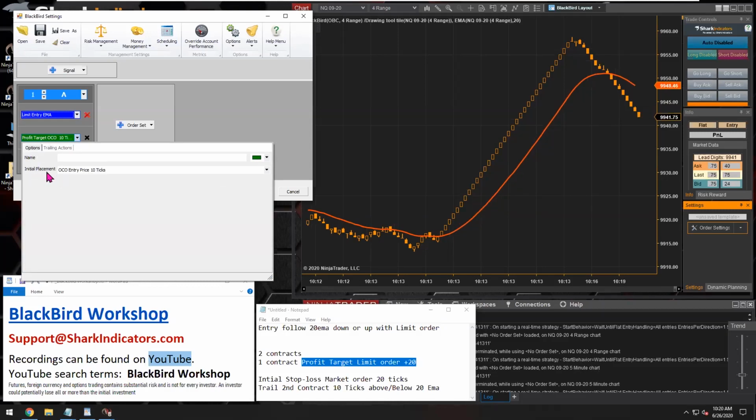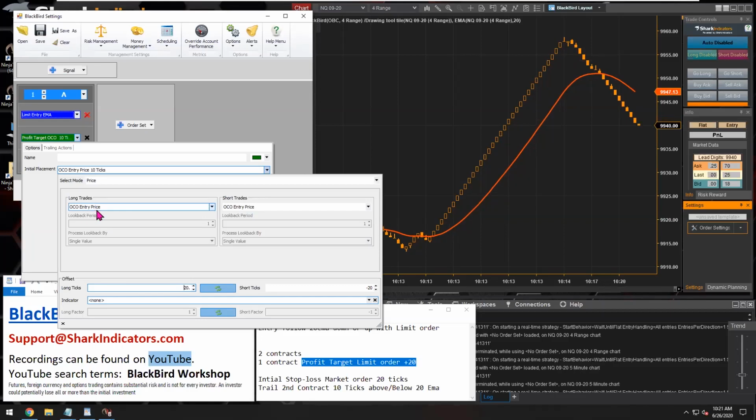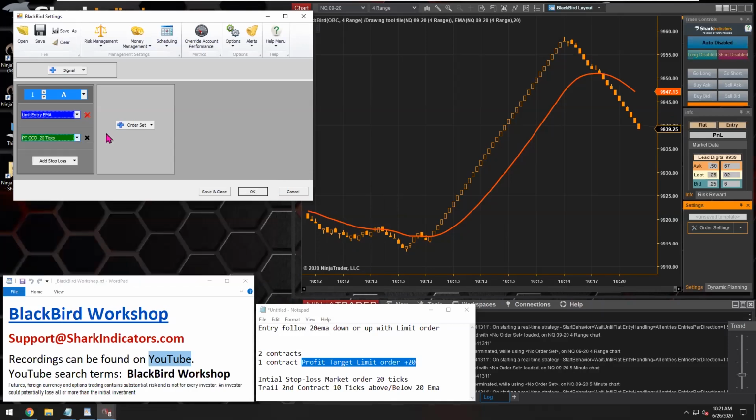For the initial placement of our profit target, we're just going to increase the offset to 20 ticks. Profit targets are almost always taking the entry price and then adding an offset away from the entry price. So that's that. Profit target's done.